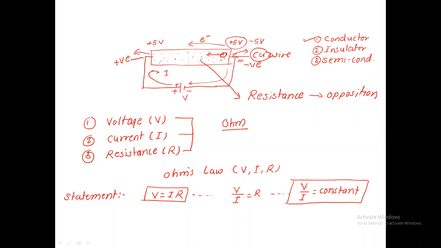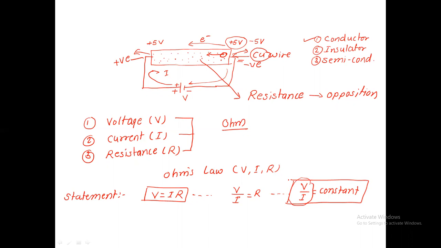So what is this V? It is the electric potential applied at the two ends of a wire. What is this I? Due to this electric potential difference, a current flows through it, and V upon I is equal to what? Constant. See now how to remember the definition. The ratio of, what is V upon I? Ratio.